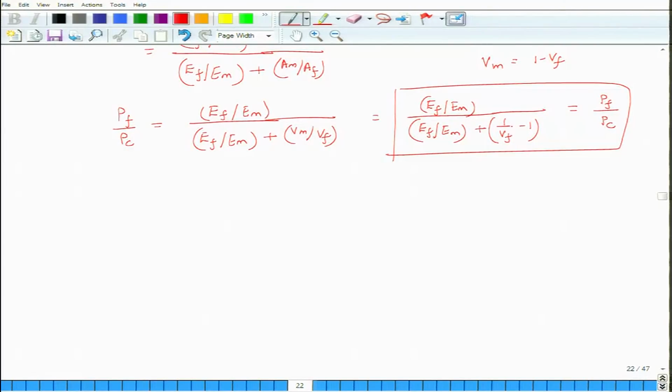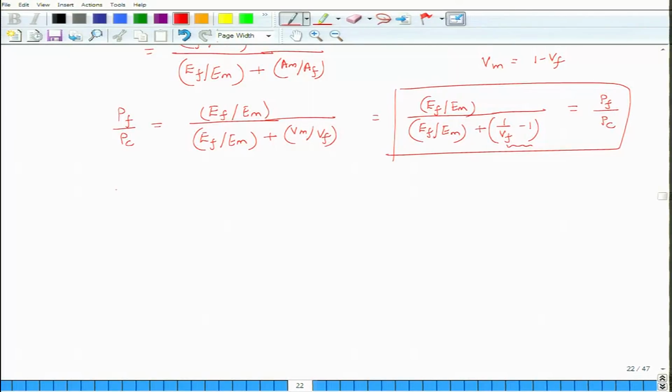Now, let us say Vf is 0.1. What does this become? This becomes 10 minus 1, 9. So, it becomes basically 100 over 109. That means even for 10% volume fraction, because EF over EM is very large, 100 over 109 is almost 1. Okay.